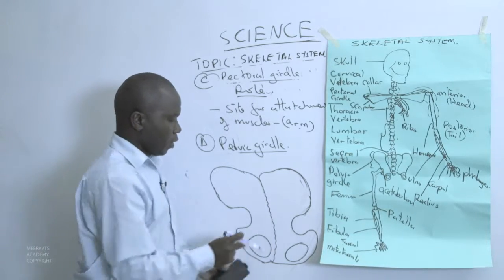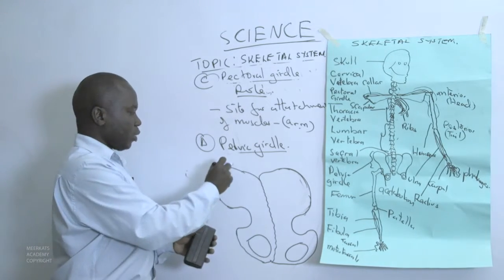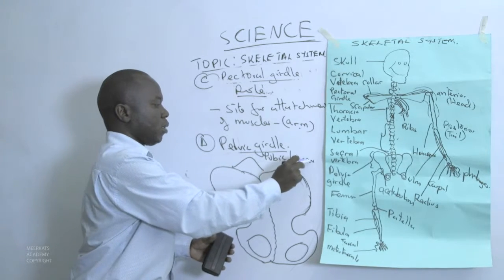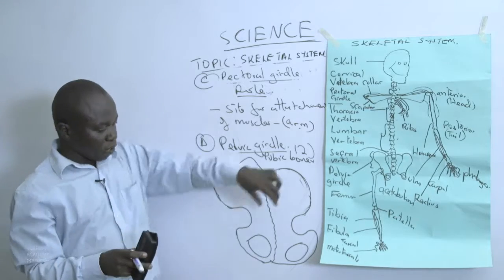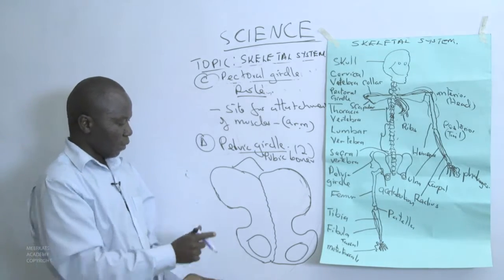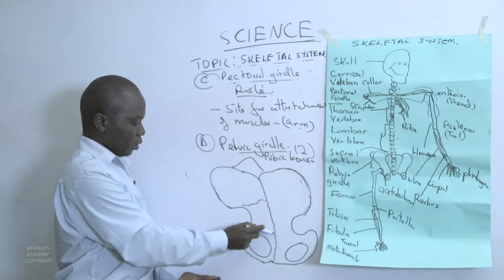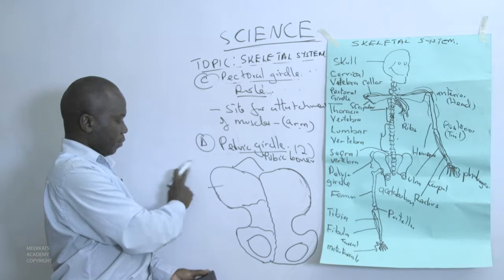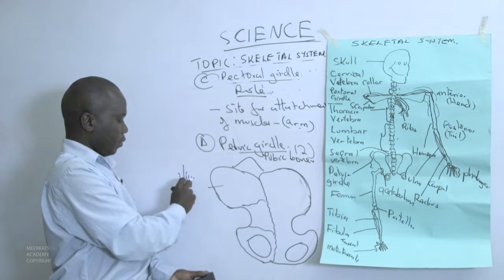So we have two bones. The two bones are called pubic bones. There are 2, but each bone is made up of 3 bones that are fused together. The first part of the bone is called the ilium.